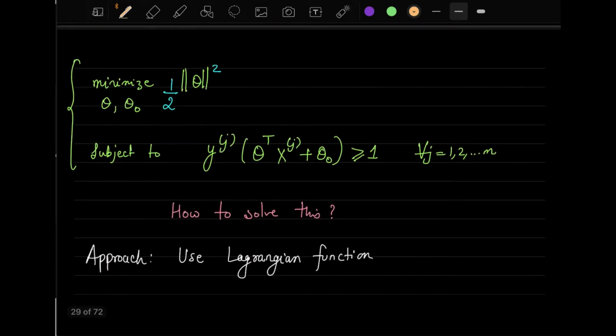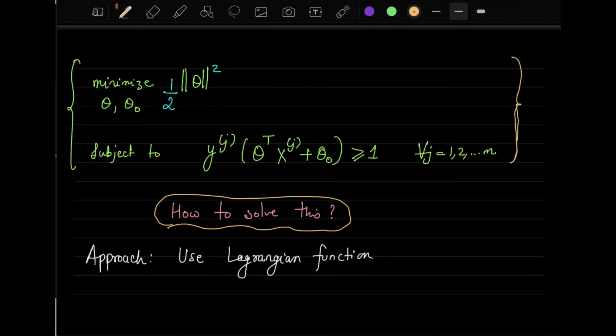So I am just repeating this objective function here again. One thing to note here is the immediate question I was asking: how to solve this particular type of problem. We arrived at this convex function, or optimization problem, and the question is how to solve it.